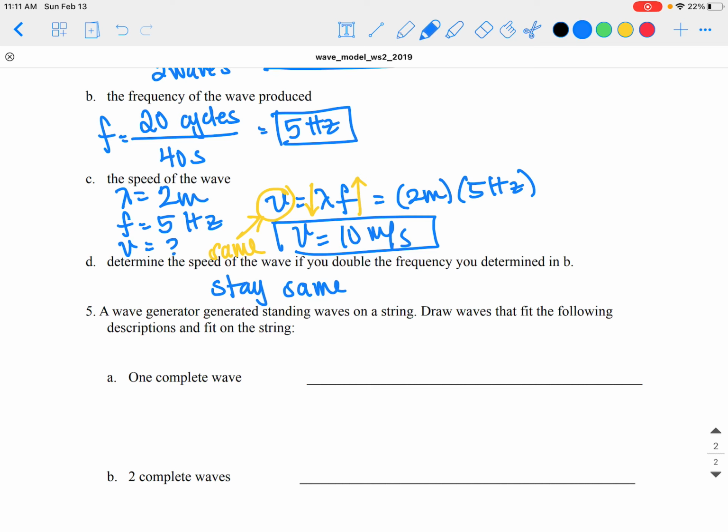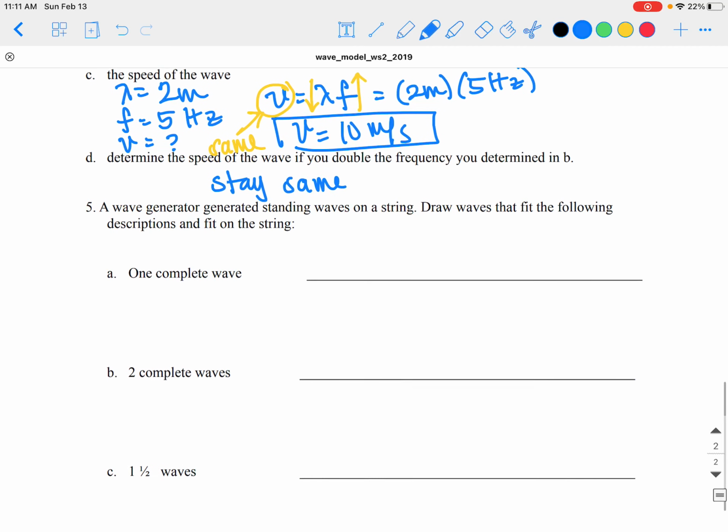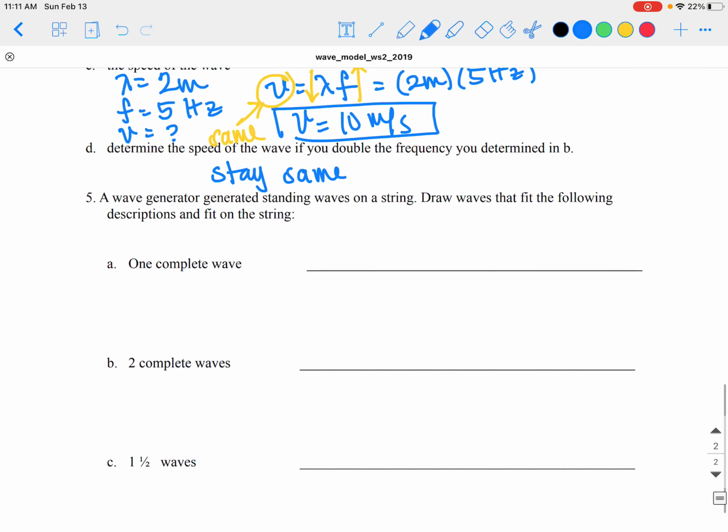A wave generator generated standing waves on a string. Draw waves that fit the following descriptions and fit on the string. So one complete wave has 3 nodes in it.